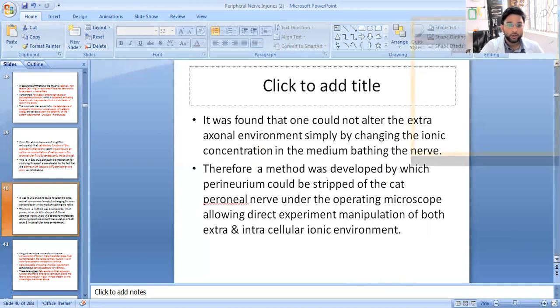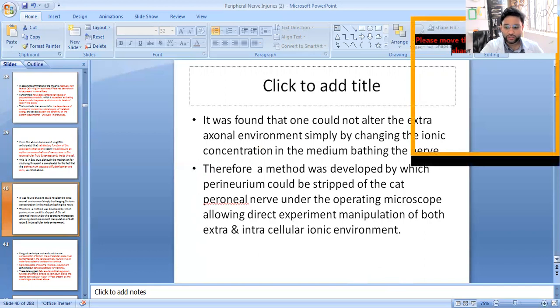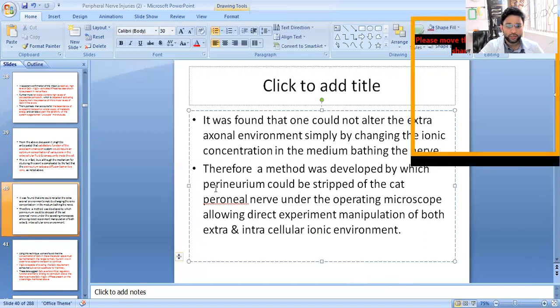It was found that one could not alter the extra-axonal environment simply by changing the ionic concentration in the medium bathing the nerve.